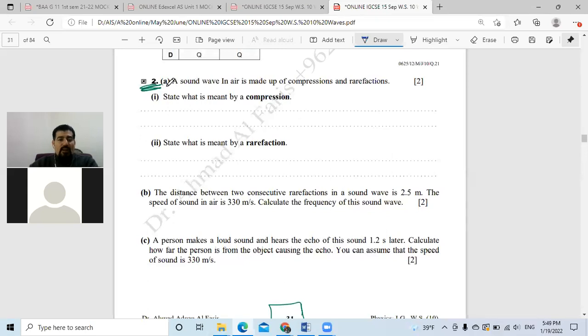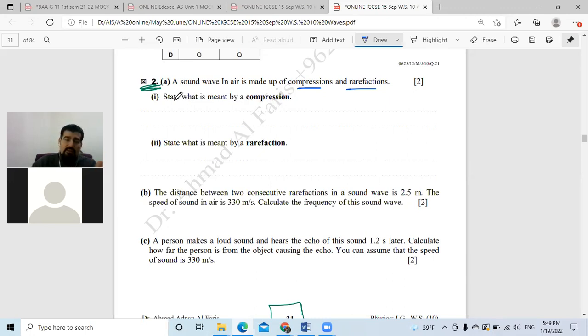Question 2. A sound wave in air is made by compressions and rarefactions. State what is meant by compression. Of course it causes a region of high atmospheric pressure, but that is not the definition.